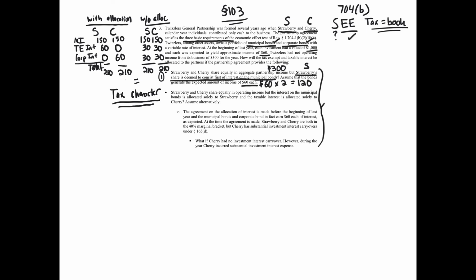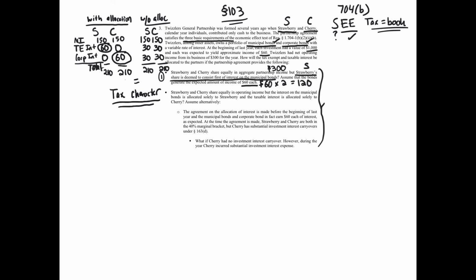Strawberry has tax-exempt interest of 30, Cherry has 30, corporate interest 30, Cherry 30. With the allocation, Strawberry has 60 tax-exempt and Cherry has 60 of corporate. So that means Strawberry pays no tax on this tax-exempt interest. Cherry pays all the tax on this $60 of corporate interest.